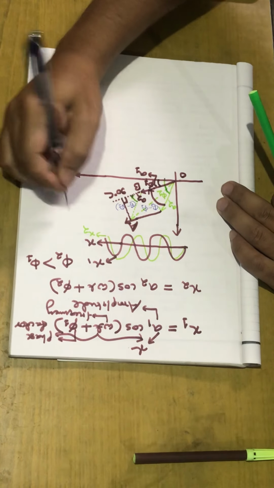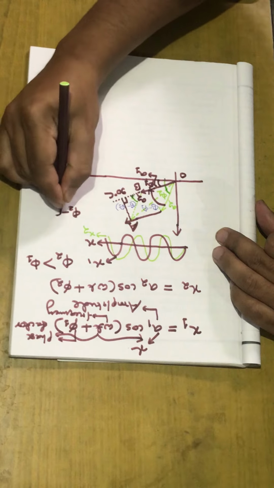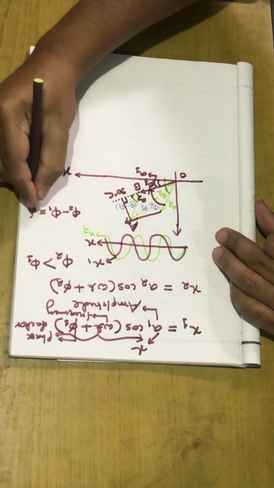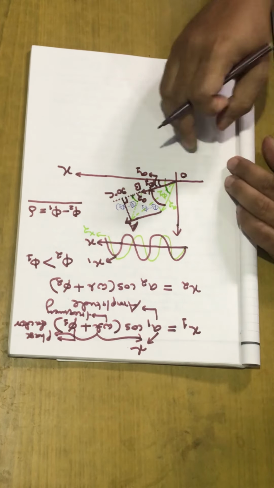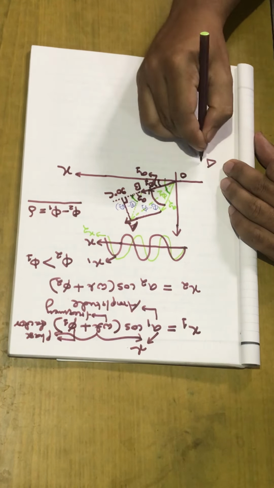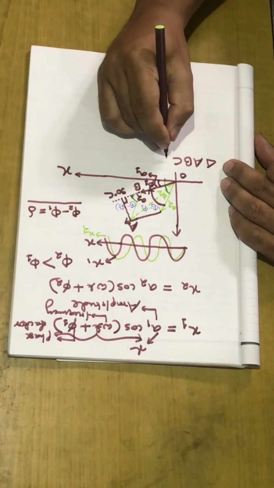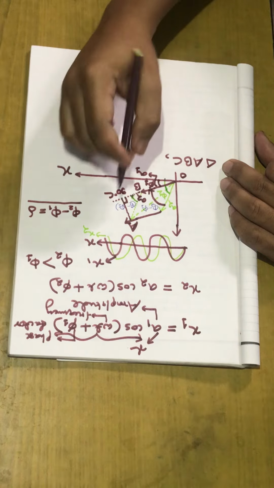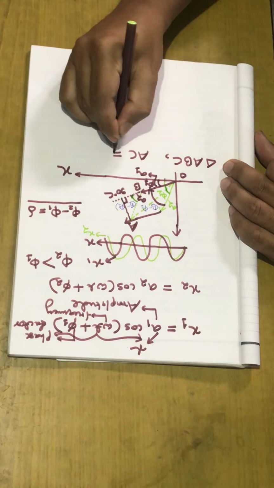And let's say phi 2 minus phi 1 is equal to delta. Okay, now for the triangle A, B, C, what can we write?